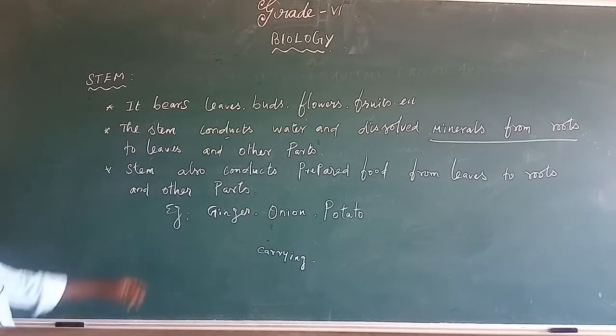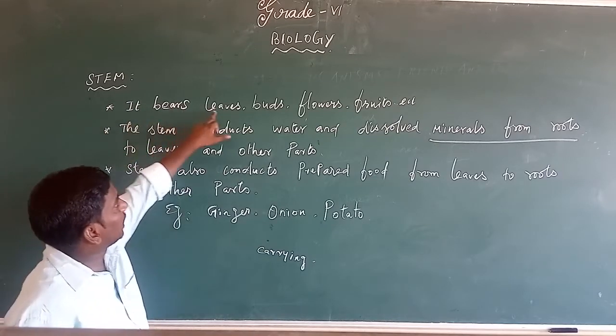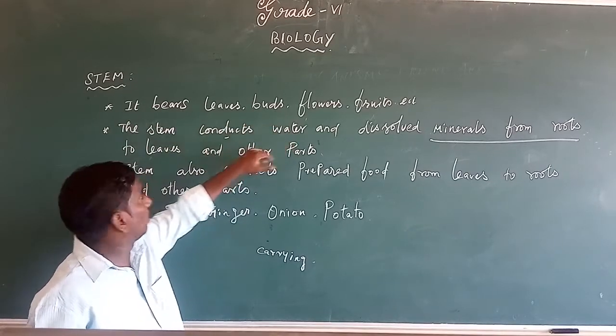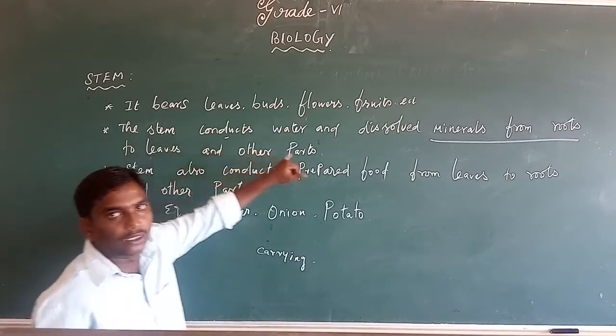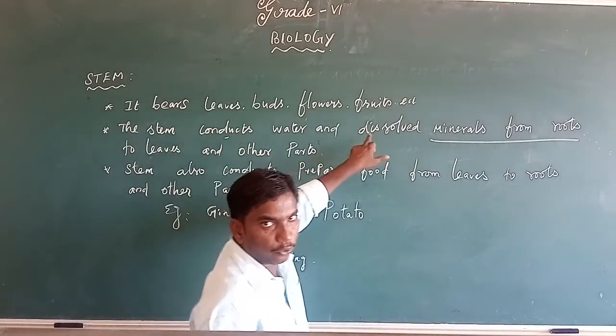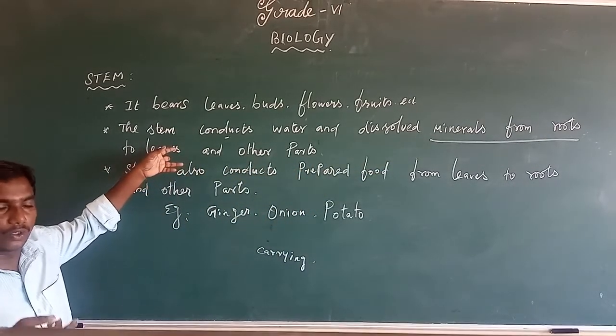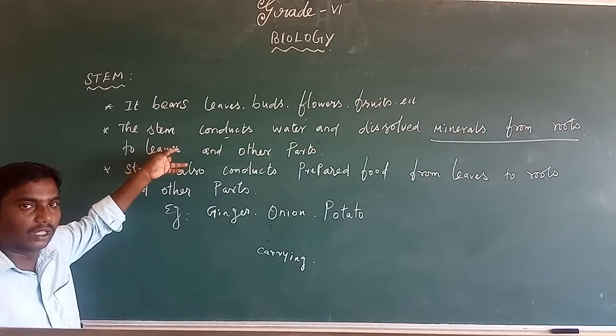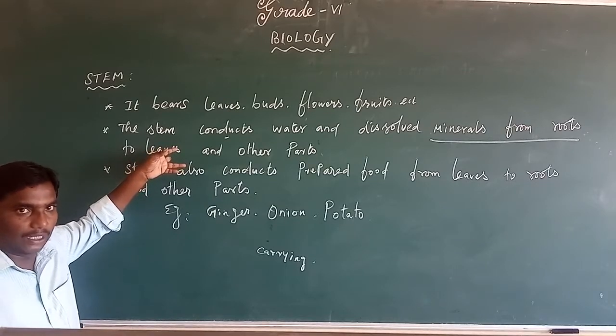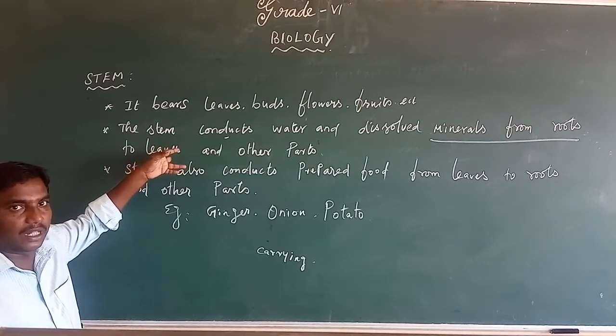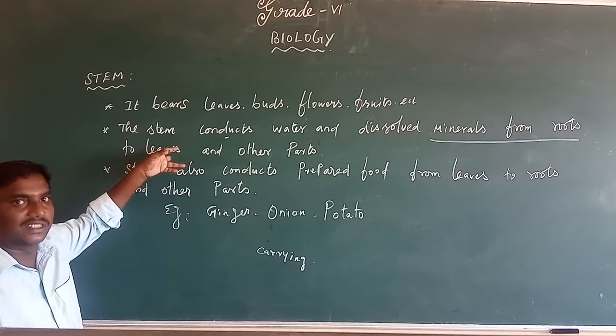So the stem bears leaves, buds, flowers, fruits, etc. The stems carry water and dissolved minerals from the root to the leaves and other parts. The root always absorbs water and minerals from the soil, and then that water and those minerals reach the stems.